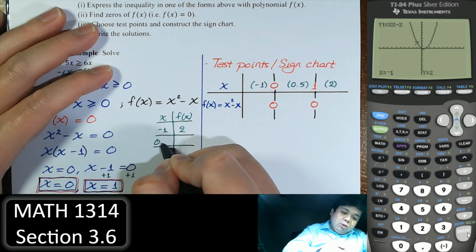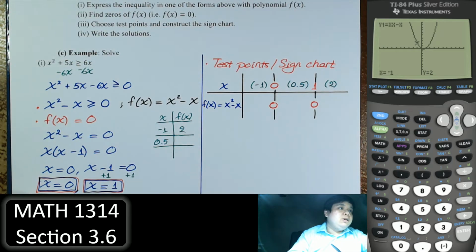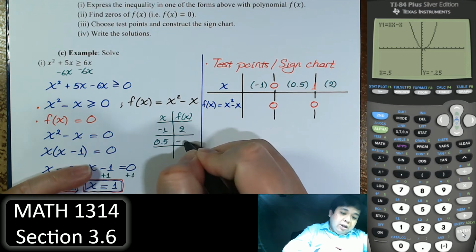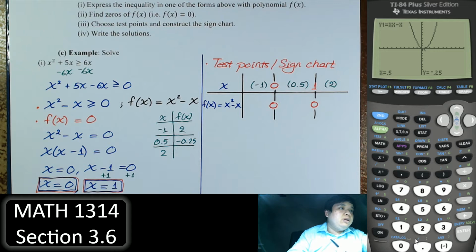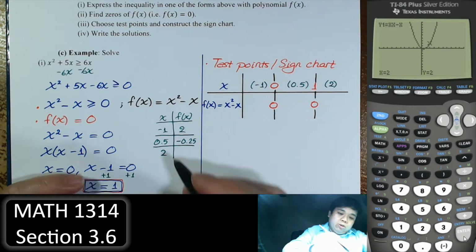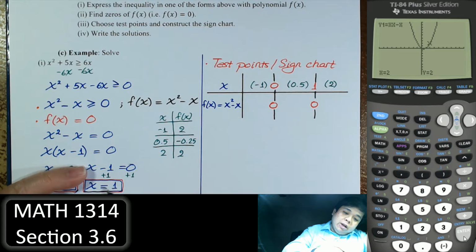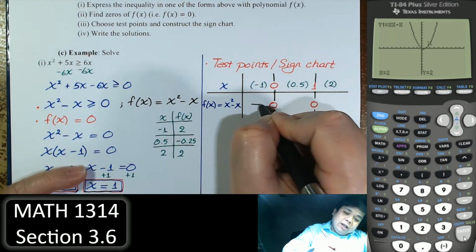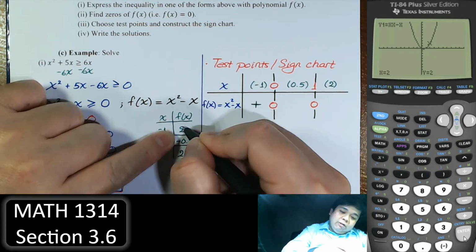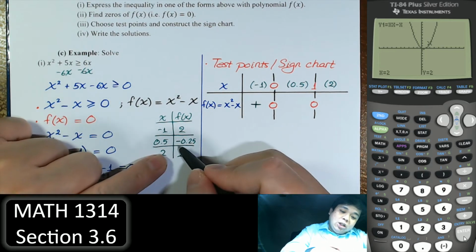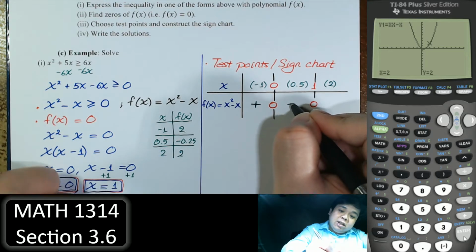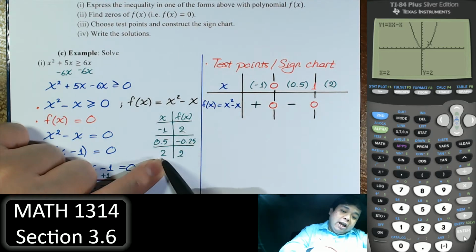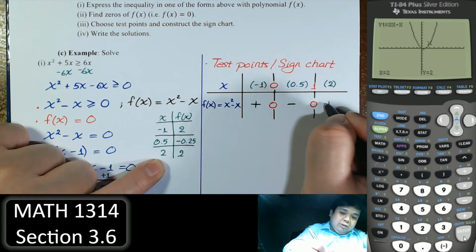When x equal to 0.5, y equal to negative 0.25, and when x equal to 2, y equal to 2. So at -1, the y value is positive. When x equal to 0.5, f of x is negative, and when x equal to 2, y is positive.